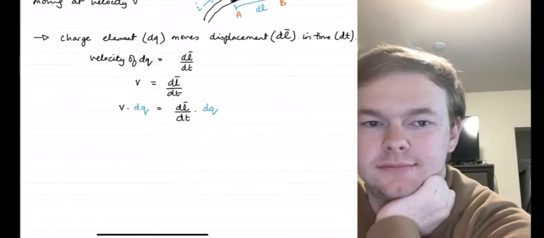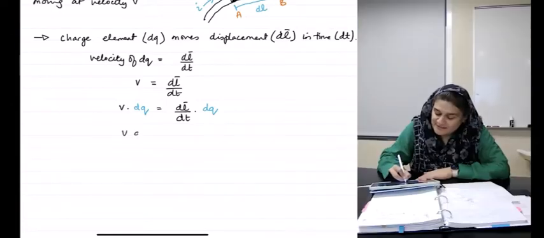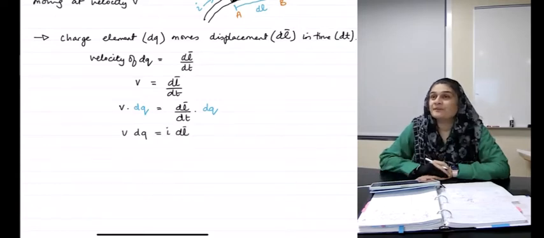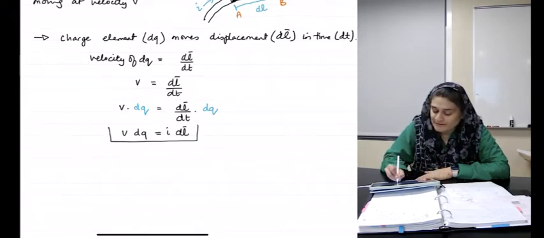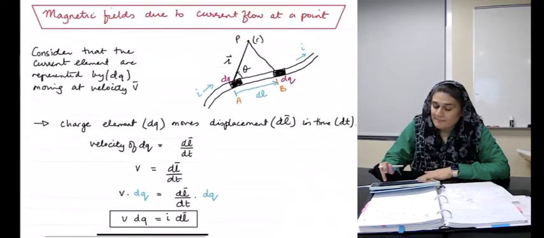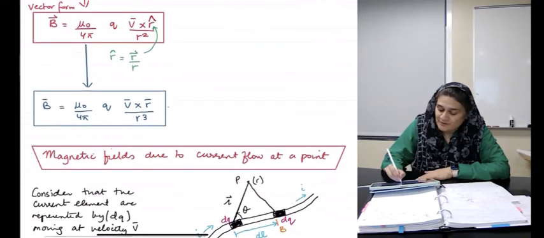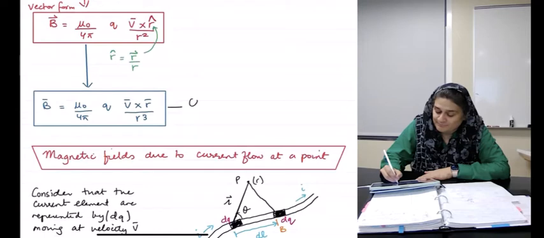May I rewrite this then as v dq equals dl times I, for current? Woohoo, okay, well that's great. May I also remember this equation? I'm going to call this the cat equation.